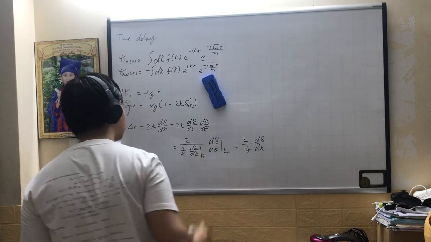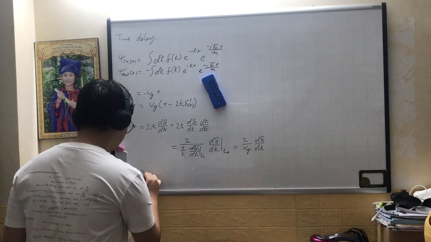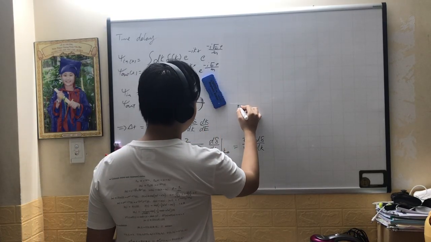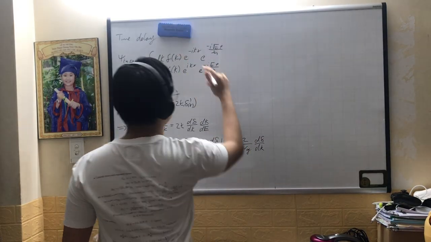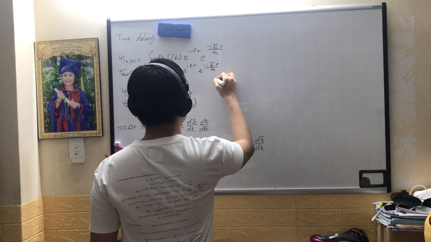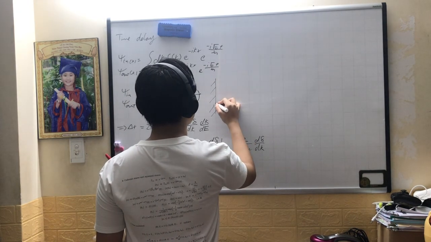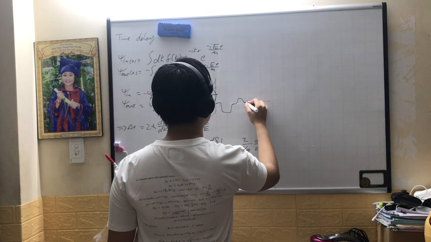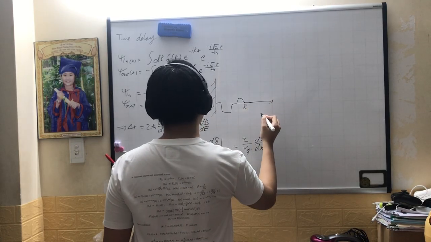Right, from here you introduce the range of interaction, the range of your potential V(x). I might just draw it out. So for example, you have some sort of potential here. This is the range of interaction.